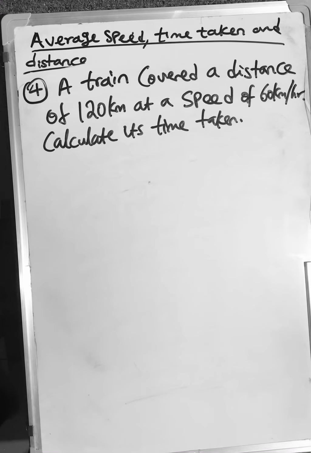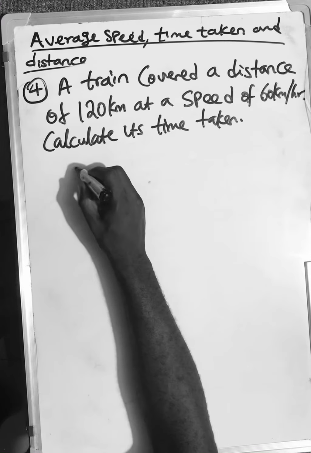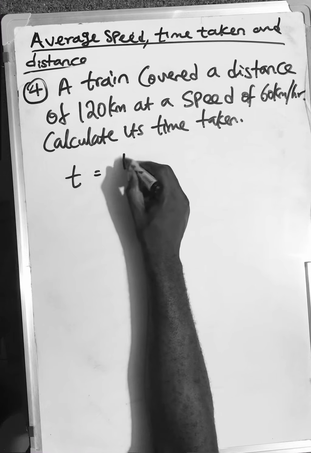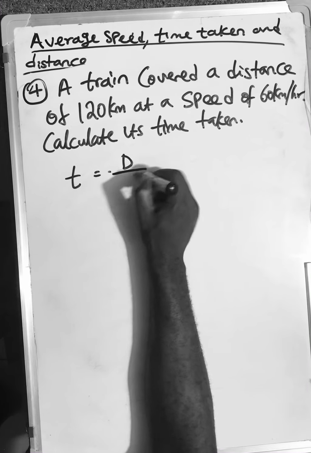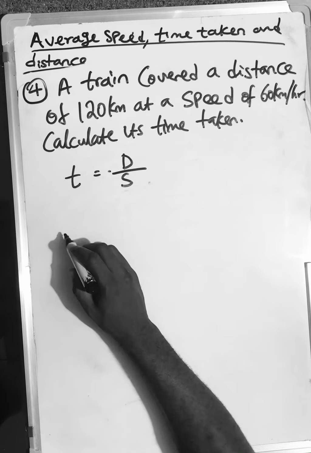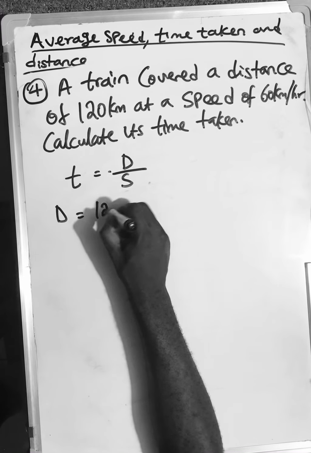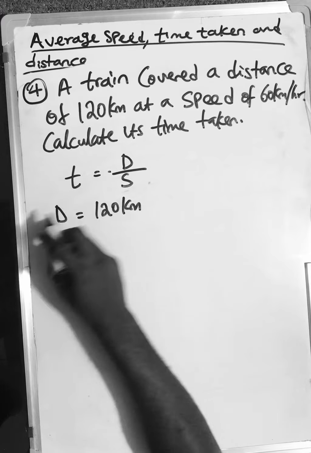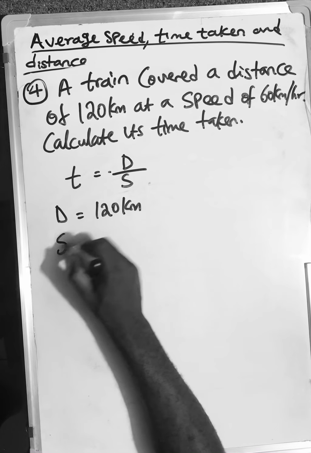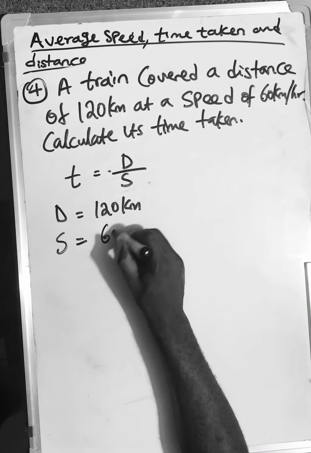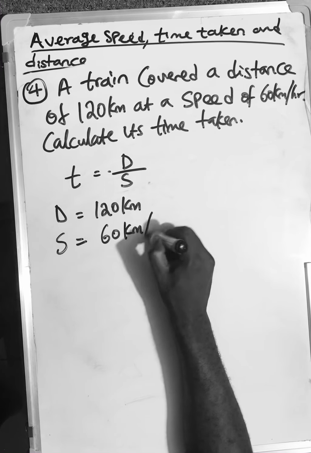Now, in this question, we are asked to find the time taken. So the formula for time taken is distance all over average speed, that is D over S. The distance is 120 kilometers, and the average speed is 60 kilometers per hour.